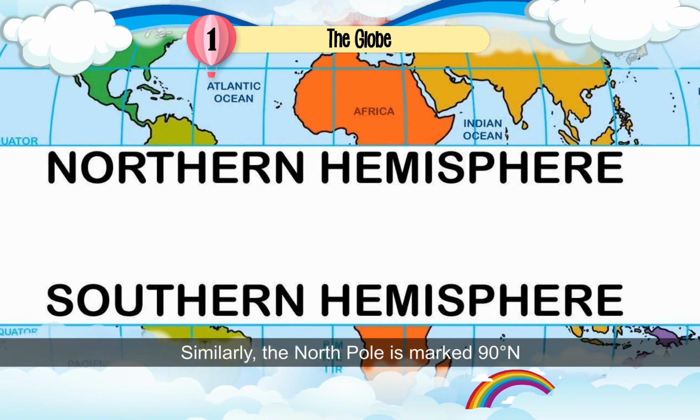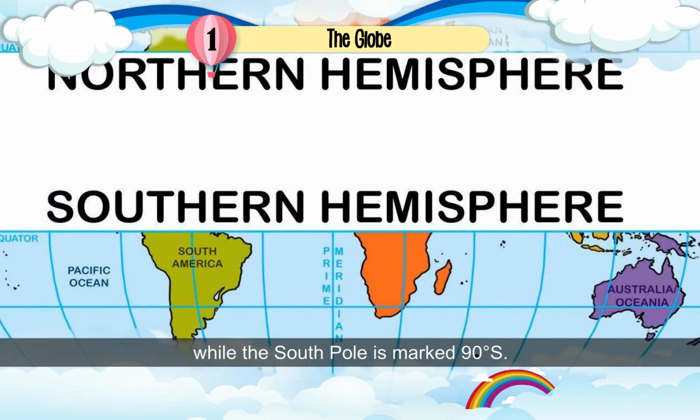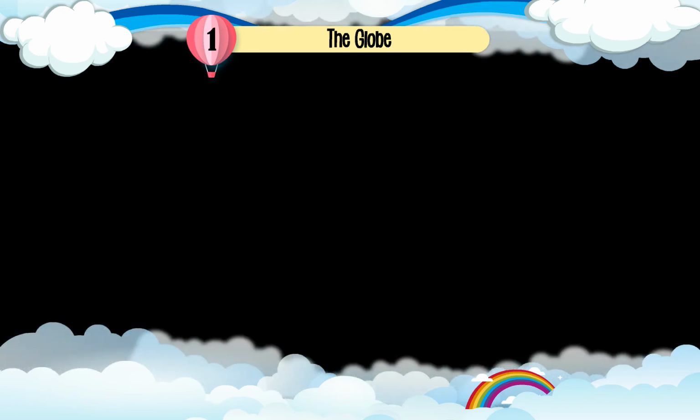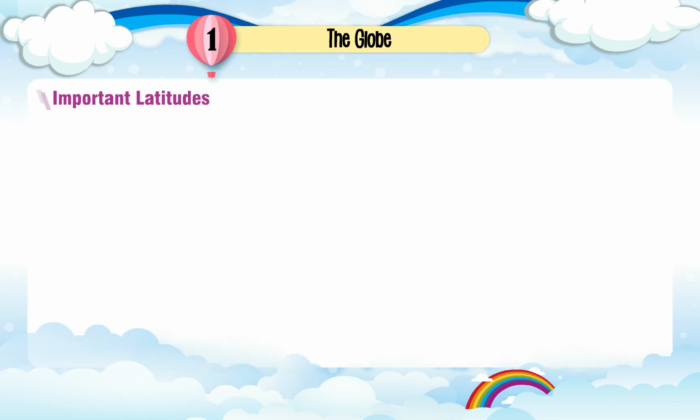Similarly, the North Pole is marked 90 degrees north while the South Pole is marked 90 degrees south. The latitudes which are near the equator are called low latitudes and those near the poles are called high latitudes. Know it. The equator is the longest latitude and other latitudes decrease in length towards the poles. The latitudes at the poles are as small as a point.